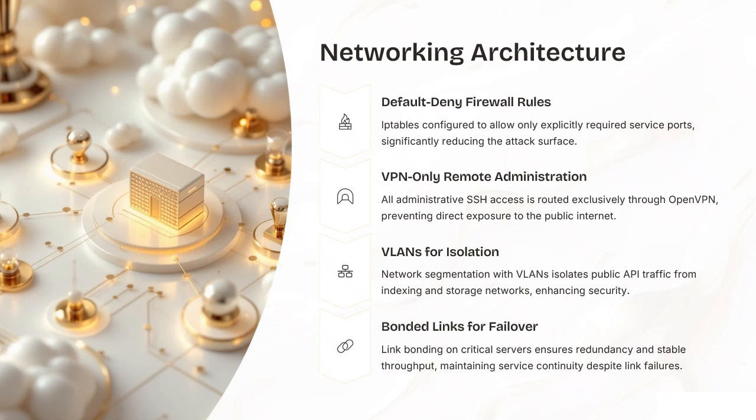SSH access is restricted to only the VPN subnet rather than the open internet. So users must use our VPN subnet to access it. Open internet communication is not allowed.